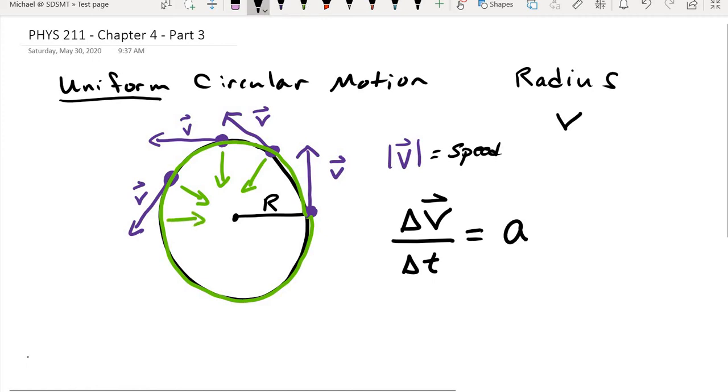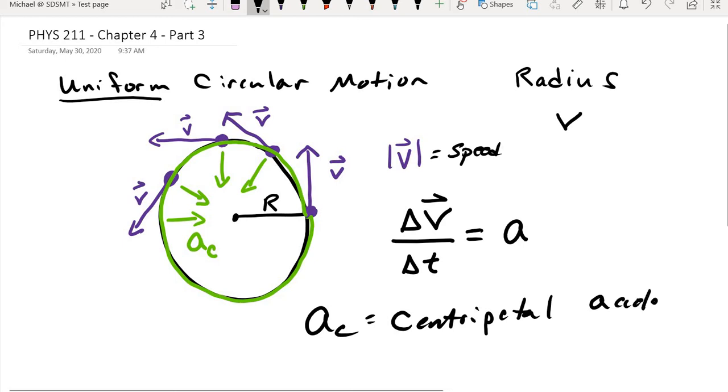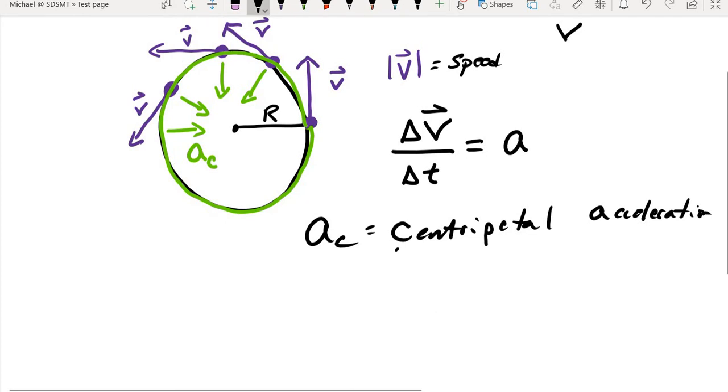And so we're going to give this particular acceleration a subscript, we're going to call this a sub c, which stands for centripetal acceleration. And if we break down the word centripetal, the first half of the word, centri, meaning center, and then petal, if you think like the petals of a flower, where do all of the petals originate from?